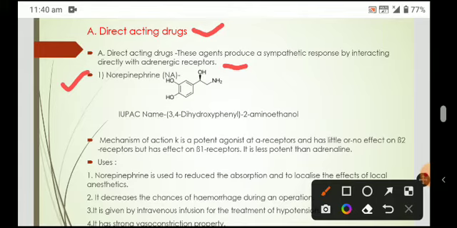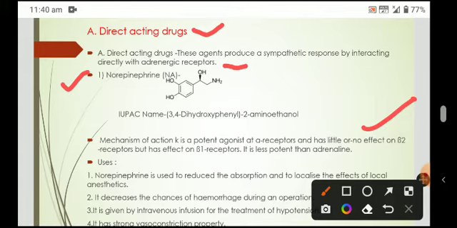As I told, it is a hormone. So see its structure. Moving towards its mechanism of action, it is a potent agonist at the alpha receptor and has little or no effect on the beta receptor.